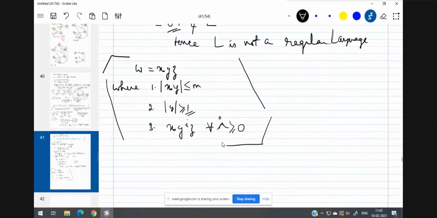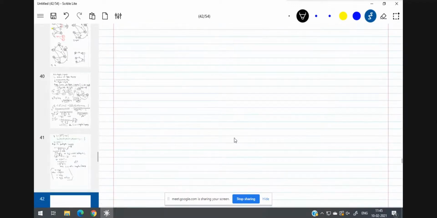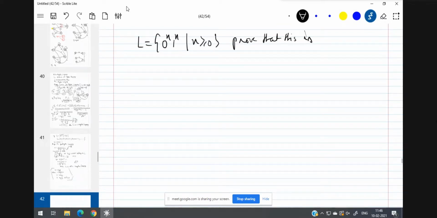Now, let me take one example. L is equal to 0 to the power n, 1 to the power n, n greater than or equal to 0. Prove that this is not regular.